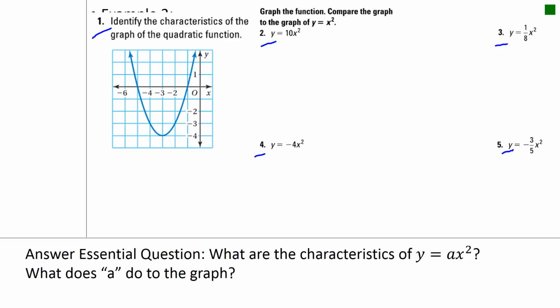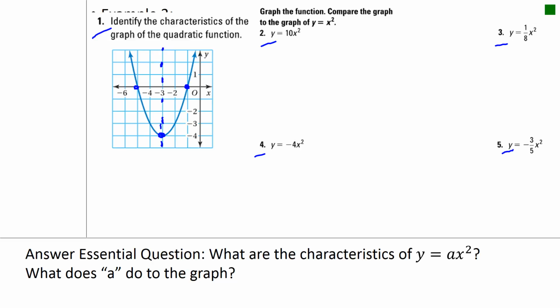All right, number 1. When you identify the characteristics of this graph, you should have told me that the vertex was at -3, -4. You should have told me that your axis of symmetry was at x equals -3. You should have told me that the x-intercepts are at -1 and -5.